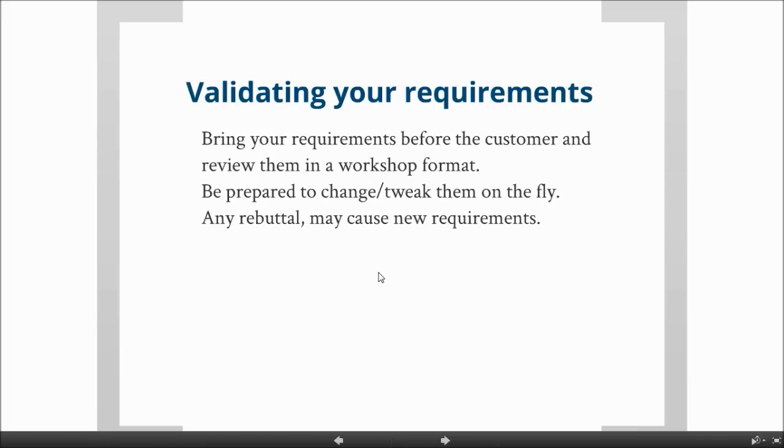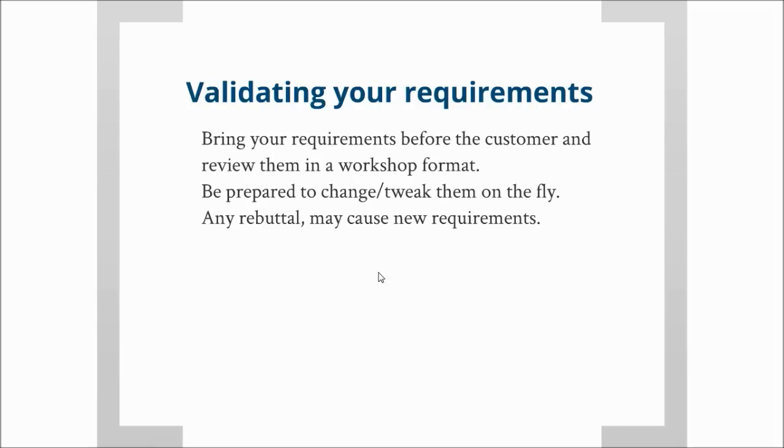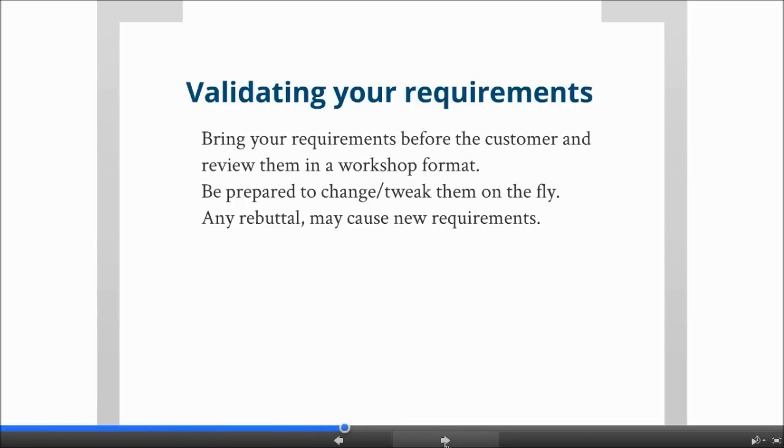Always be prepared to change these things on the fly. And always be prepared to capture new requirements, because bringing the information back and looping it back to the stakeholders will cause them to think about new things, and don't be surprised when new requirements show up.